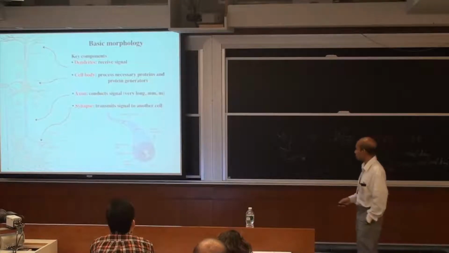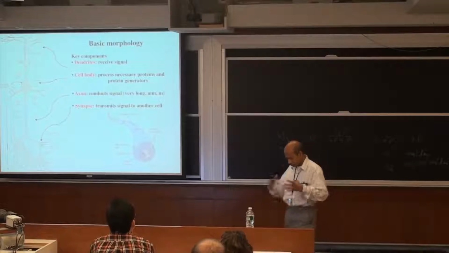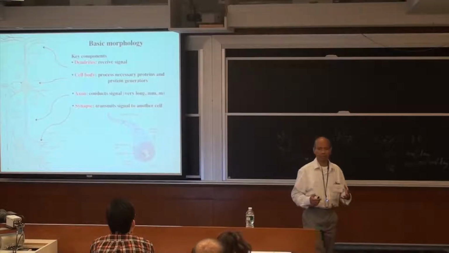So what happens in the neuron's case is there is a small region called the hillock just after the cell body and before the beginning of the axon. There's a region which is highly dense with sodium-potassium channels.